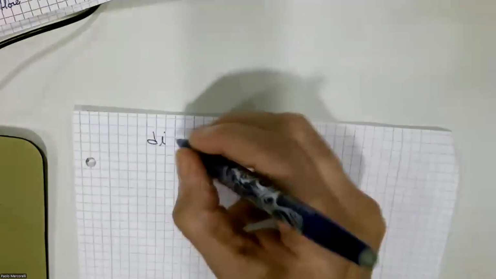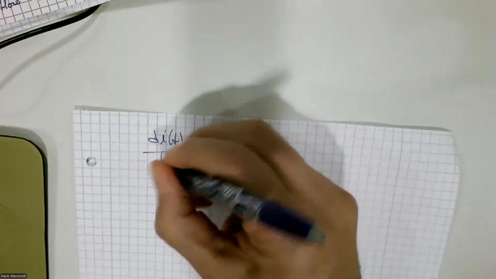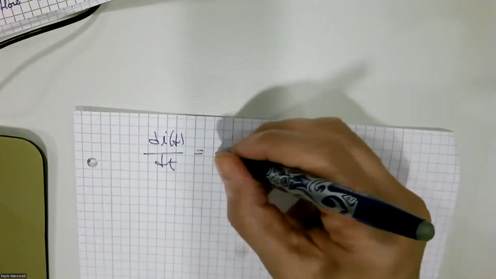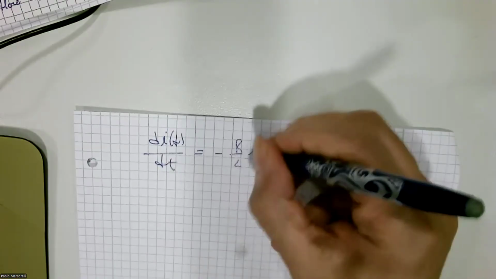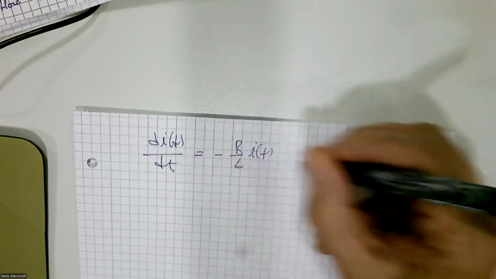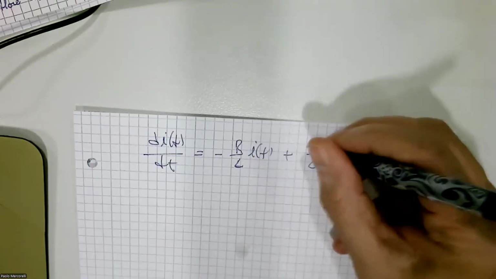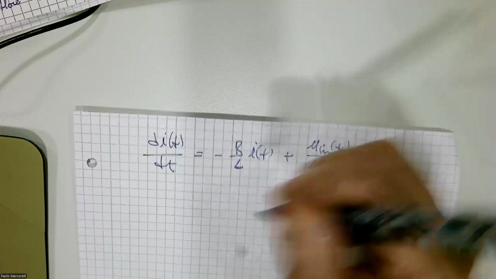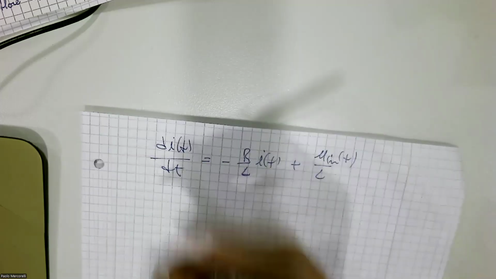Look at this example. Again, it is an electrical example, but anyway, we have a differential equation. Let me do the discretization of this.